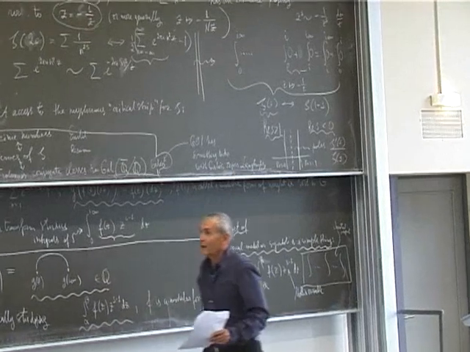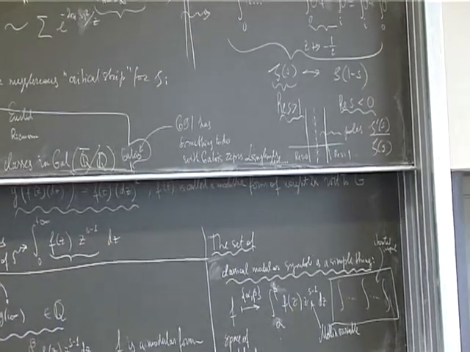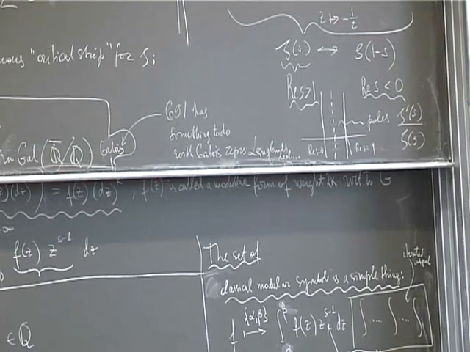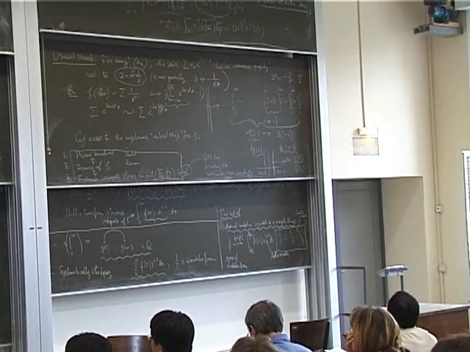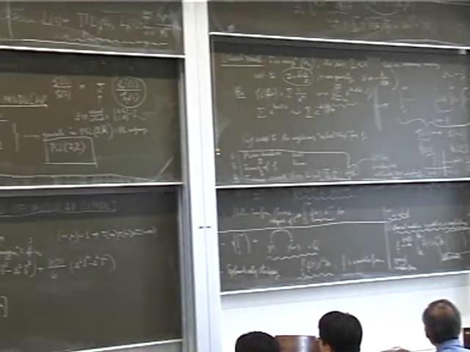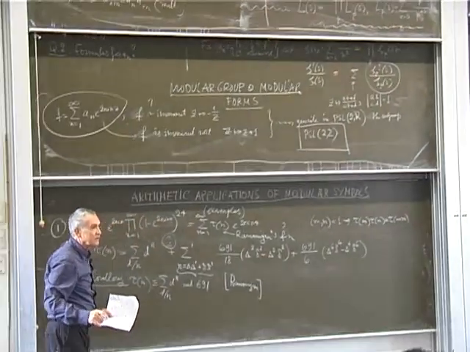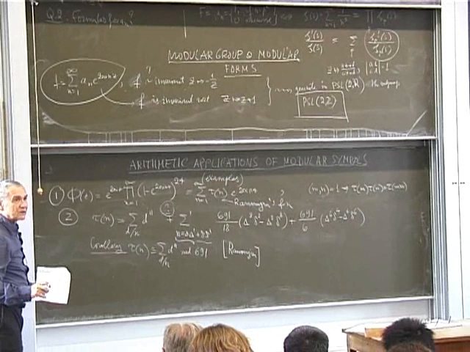But this proof of Ramanujan's congruence via this identity was not known until the theory of classical modular symbols was developed.